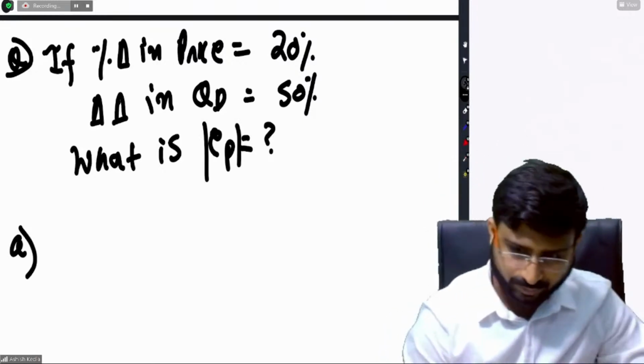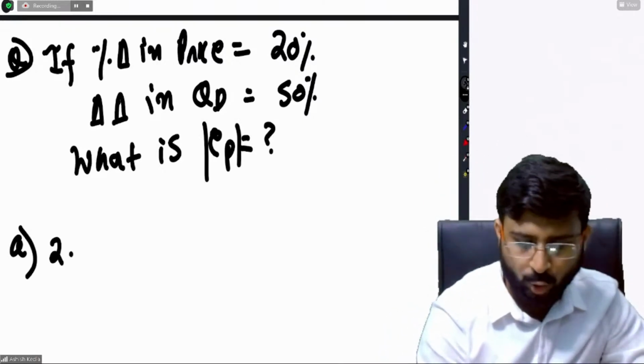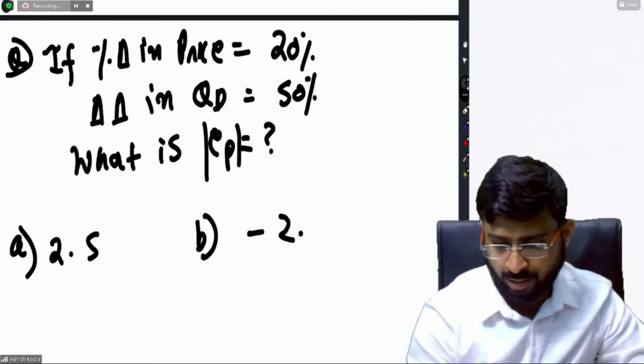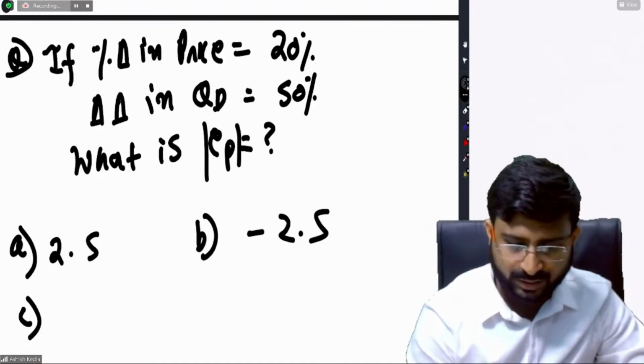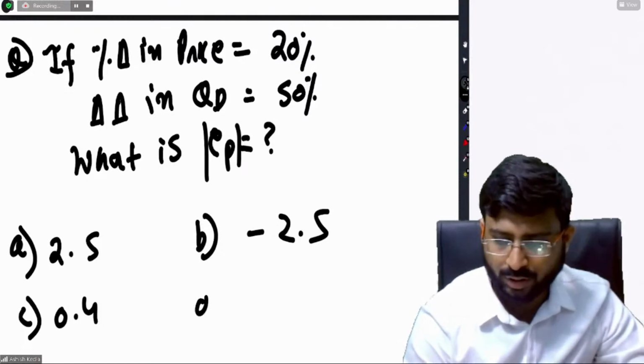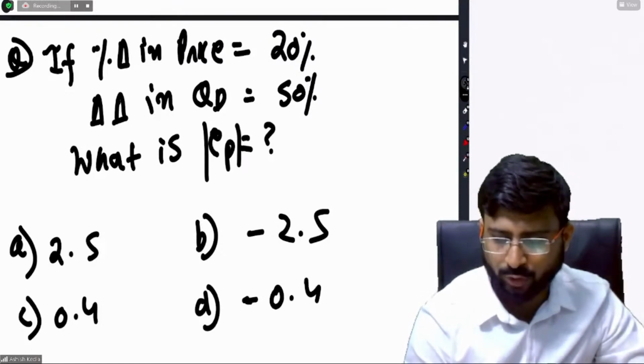Option A 2.5, B minus 2.5, C 0.4, D minus 0.4.